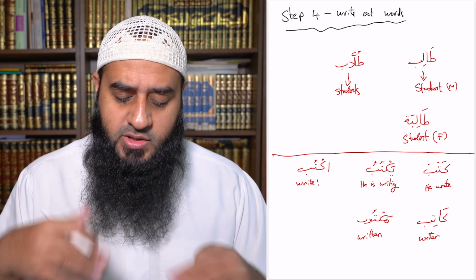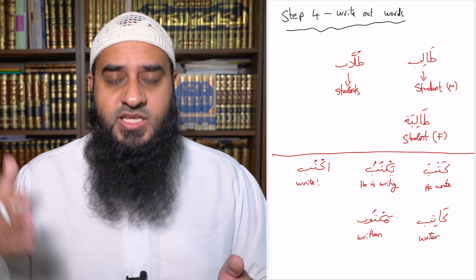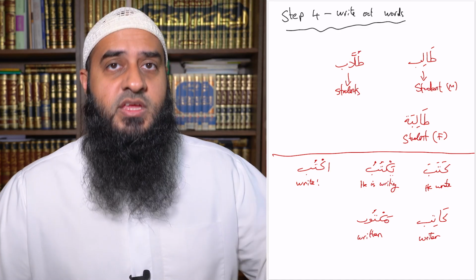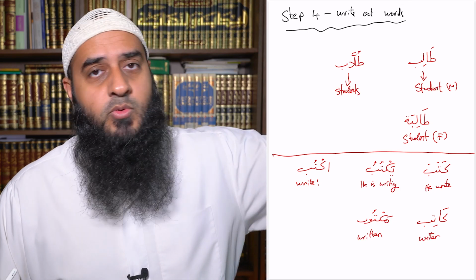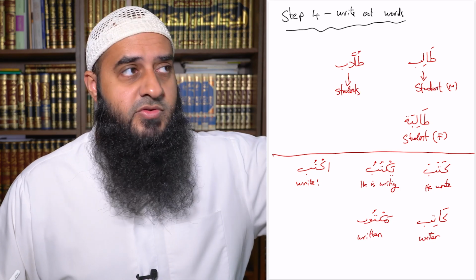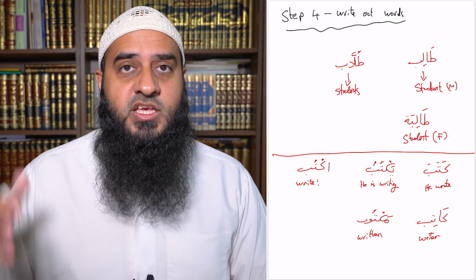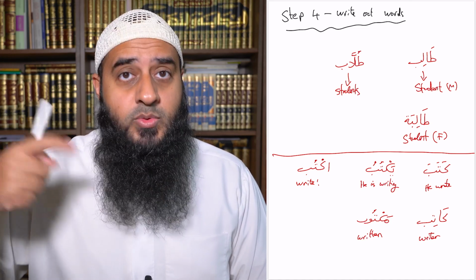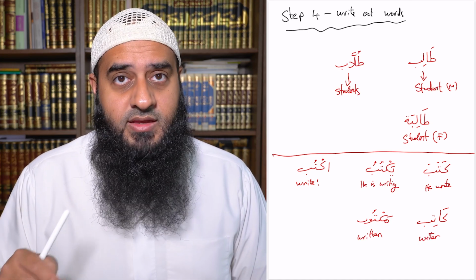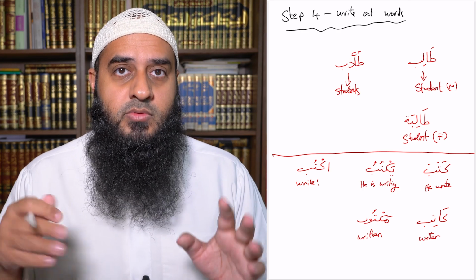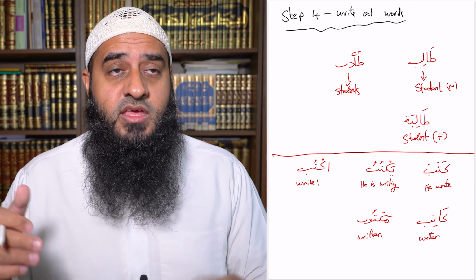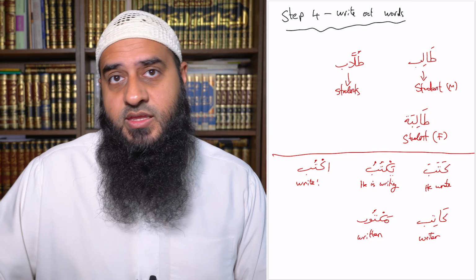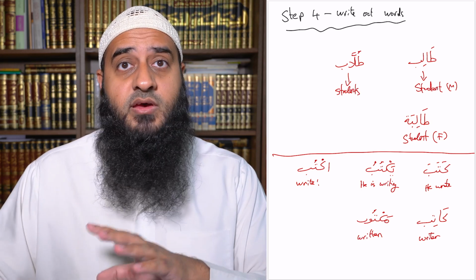But just for those of you that might know, just to give an example, kataba means he wrote, yaktubu, he's writing, uktub means write. And then you have the ism fa'il, and the ism fa'il just basically means the one who is doing the action of writing, okay? So, for example, that would be the writer. The one who does writing is referred to as the writer, katib.